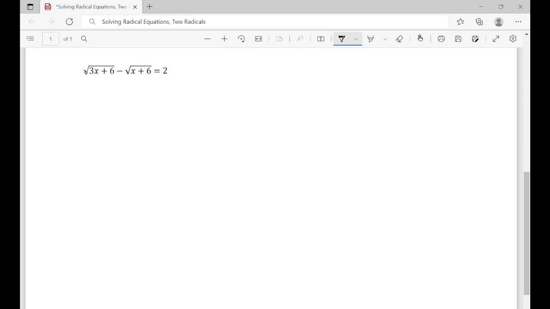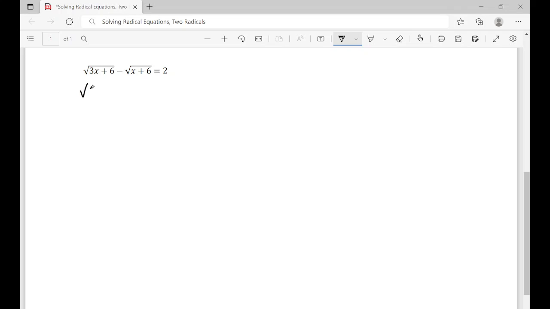Next, we're going to deal with the square root of 3x plus 6 minus the square root of x plus 6 equals 2. Again, we have two roots, but we also have a term without a root, so we're going to have to go through our steps a couple times. I'm going to isolate this square root first, so I'm going to add the square root of x plus 6 over to get it by itself.